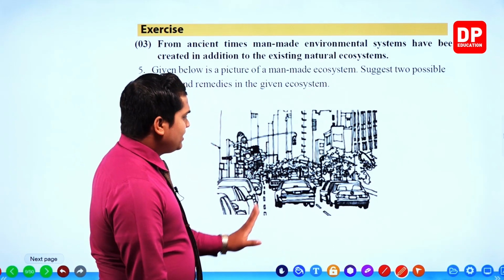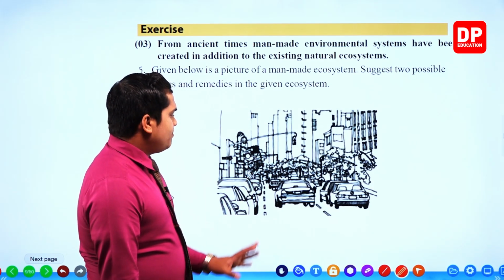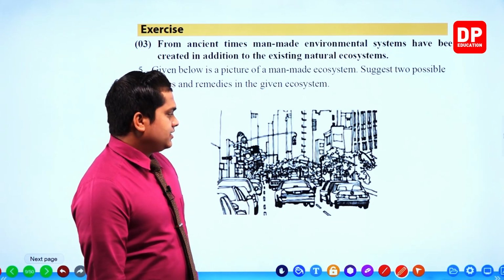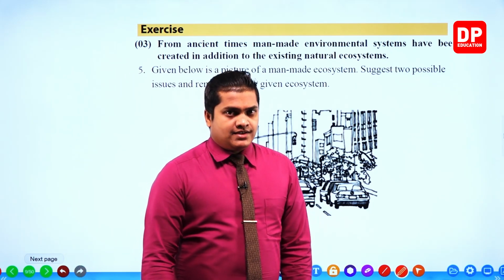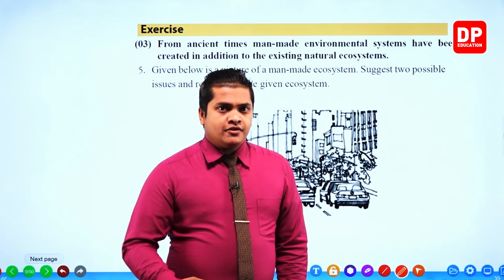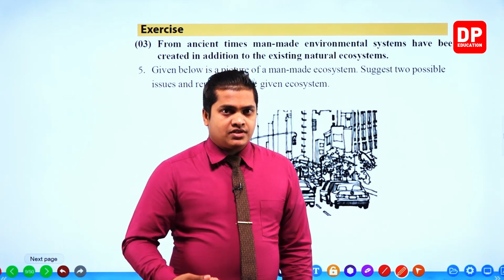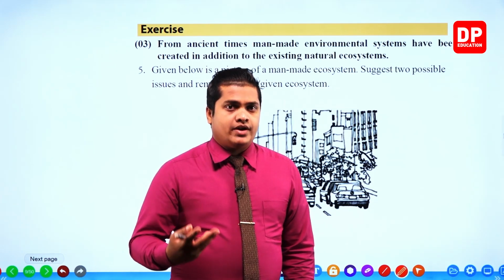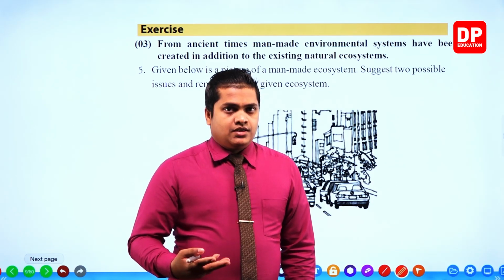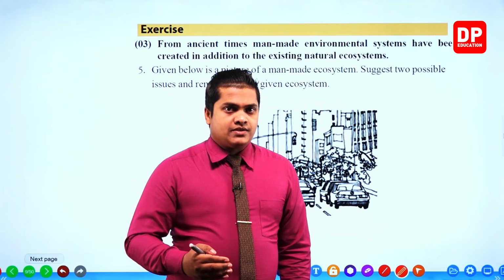Now, by looking at this picture, we can see that there are plenty of vehicles. Plenty of vehicles means plenty of releasing toxic gases, unburned smoke particles, and also carbon dioxide gas. So that means, my dear children, environmental pollution is going to increase.